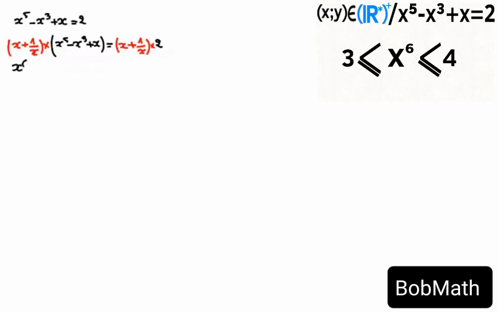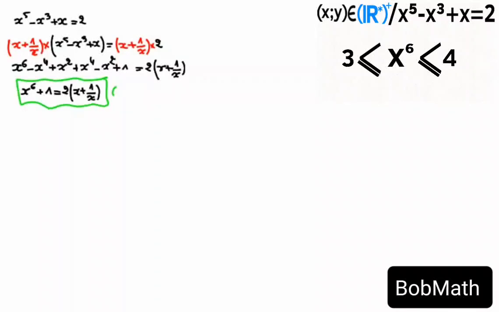Therefore, x^6 - x^4 + x^2 + x^4 - x^2 + 1 = 2(x + 1/x), and therefore x^6 + 1 = 2(x + 1/x).